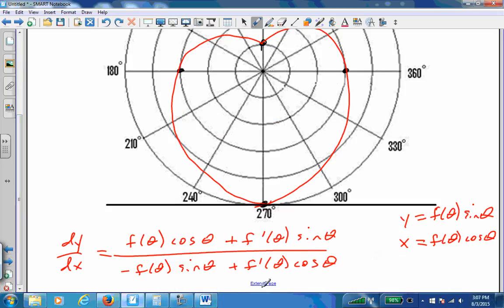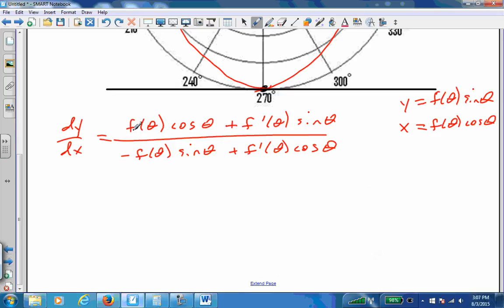So we need r. We also need r prime. So f, which is r, is 3 minus 2 sine theta. What's f prime? The derivative of 3 is 0. Minus 2, the derivative of sine is cosine of theta. So again, that's with respect to theta.